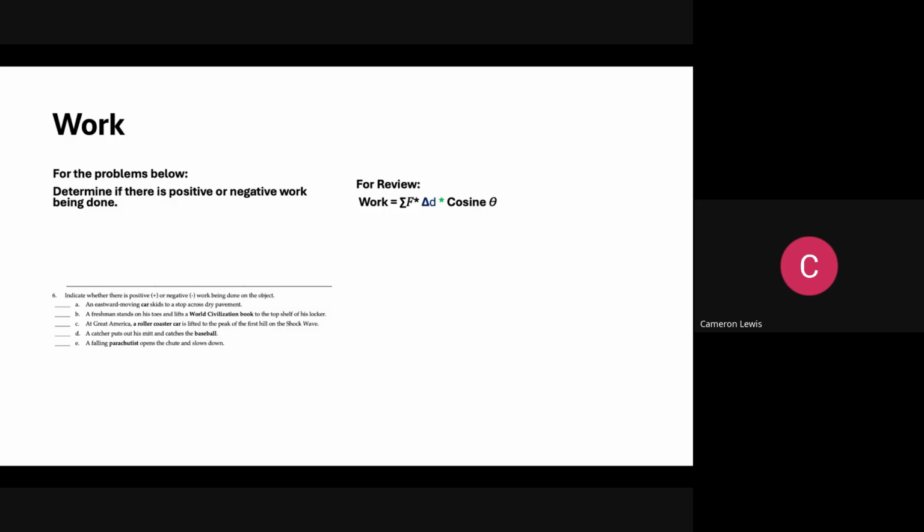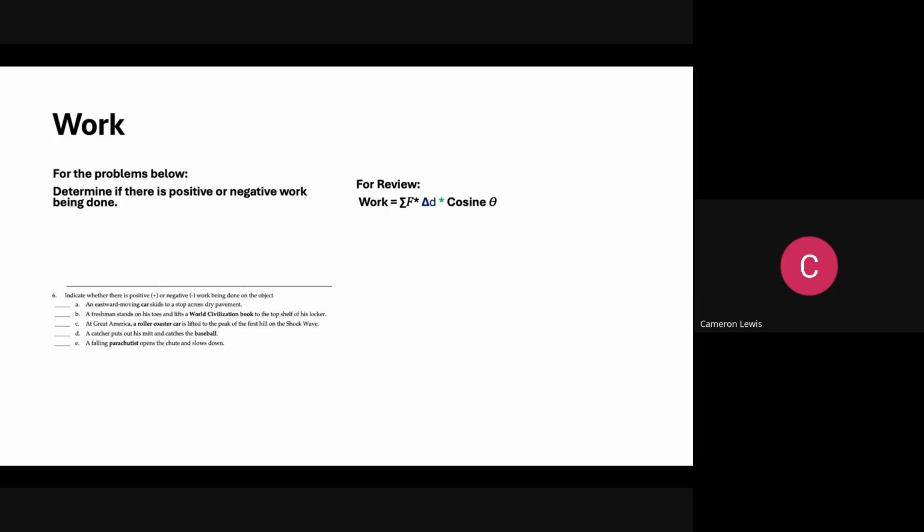In these ones, we're going to look at different scenarios where we see that the work is being done in a positive or negative way on the object, so we can see if energy is being added or removed from the system. Let's look at one right here.